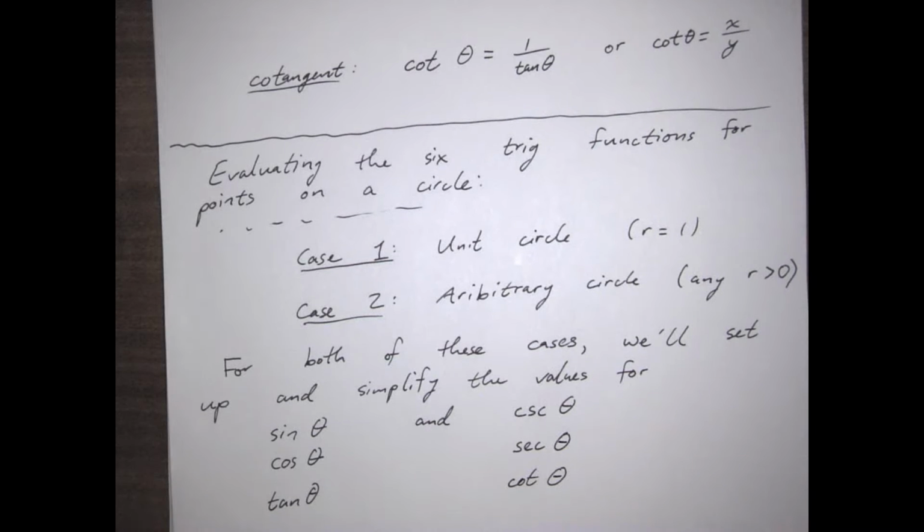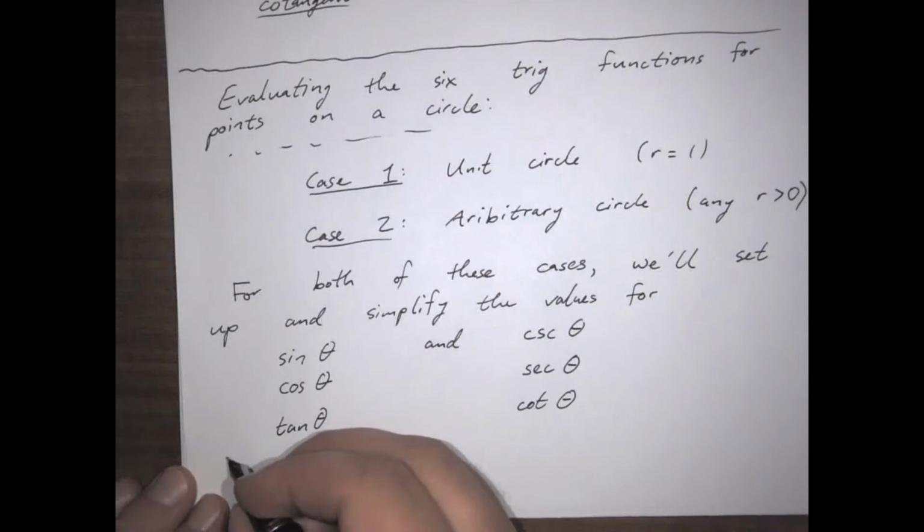So we'll set up and simplify the values for these 6, and we'll just basically by default always lay them out in this array. So sine, cosine, tangent, and then to the right of those we can just write all their reciprocals. It's the most systematic way we can write it. So we'll set up and simplify the values for these based on the above formulas.